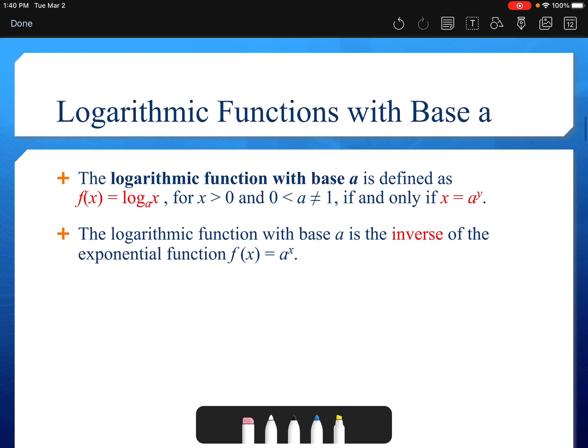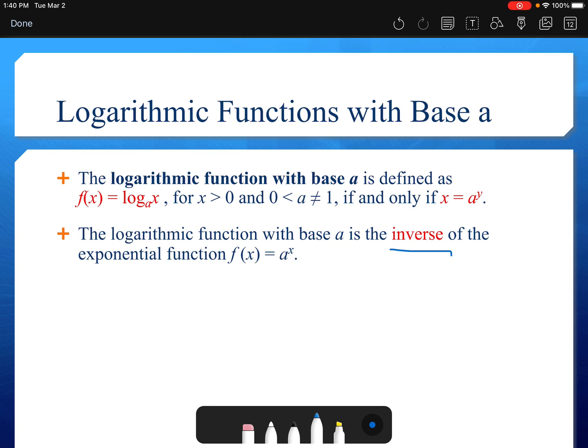Base. Now this explains it a little better. Not all logarithms have to have a base of 10. They can have a base of 2, or 4, or 5, or 50. It doesn't matter. But a logarithmic base that's not 10 still uses the same idea. It is the inverse of the exponential.